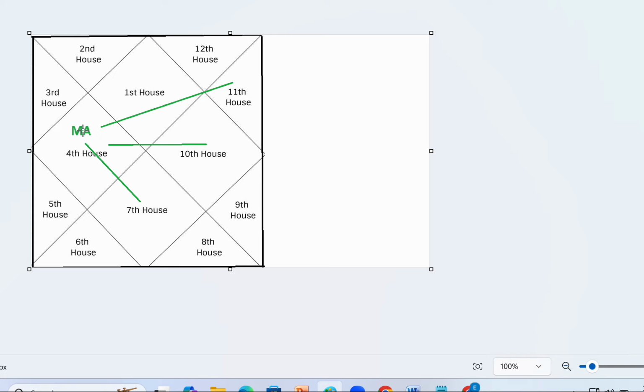So you mean to say, since Mars is debilitated in the fourth house, it will give all malefic results wherever it is looking? Exactly. A debilitated dasha is going to make life miserable, unless there is a Neecha Bhanga which is happening.